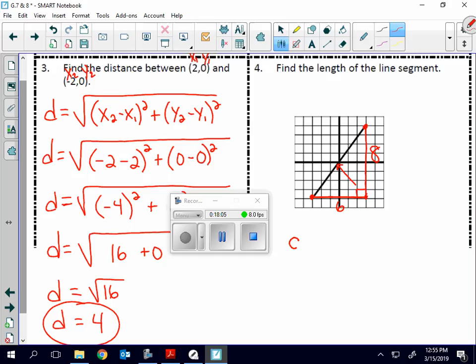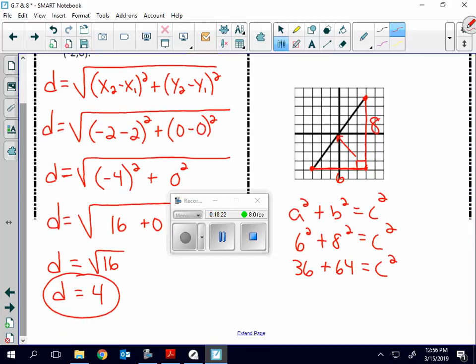And I have a squared plus b squared equals c squared. All right, 6 squared is 36, 8 squared is 64. If I add those together, since they're on the same side, that's 100. And you guys know the square root of 100.